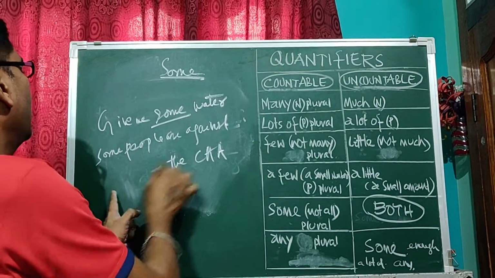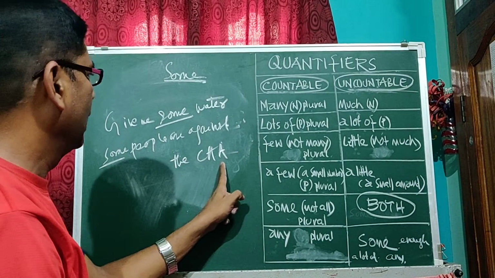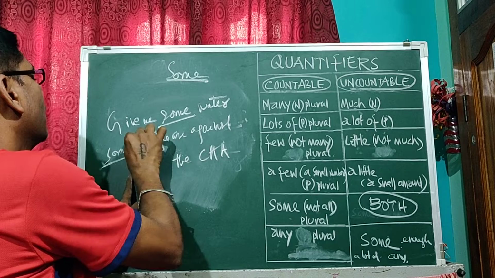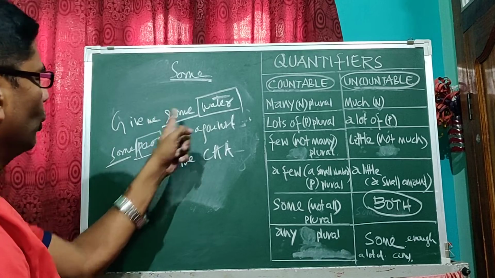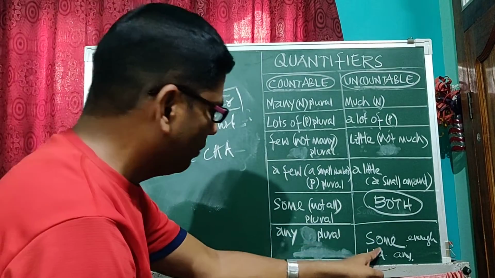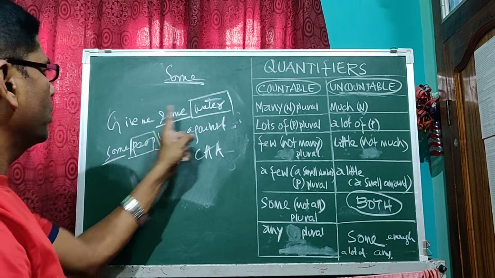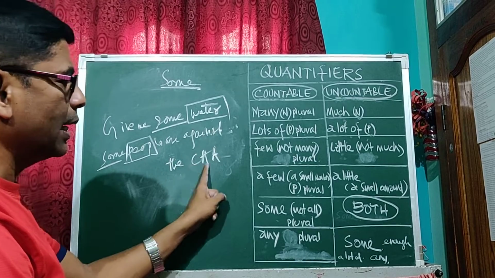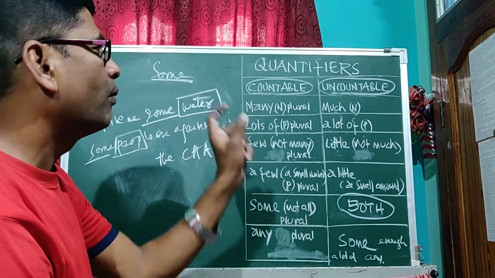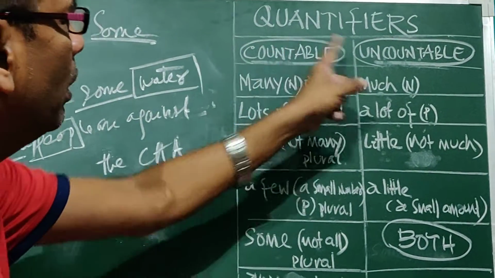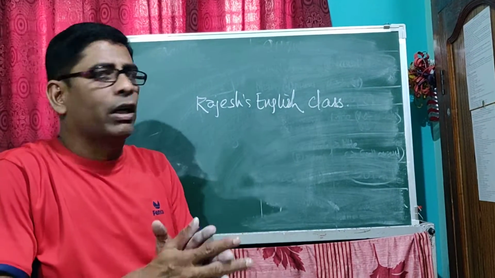Give me some water, and some people are against the CAA. Here, people is countable, and water is uncountable. So it is proved that some can be used for both. Like enough, a lot of, any, some, these quantifiers can be used for both countable and uncountable nouns. Okay? That's all about the quantifiers.